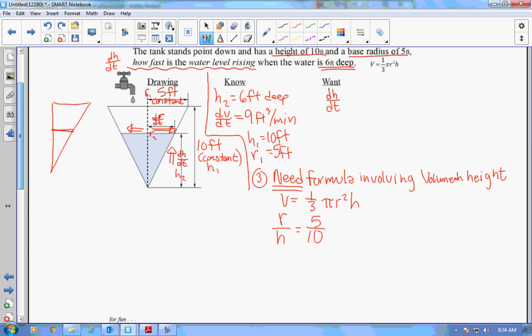Now remember, we want to get this all in terms of what we're searching for. We're searching for height. So we're going to solve this, excuse me, solve it for R so that we can plug it in for R, and then everything's in terms of height. So if we solve for R, we get R equals 5 divided by 10 simplifies, right? To 1/2 times the height. We get H over 2.